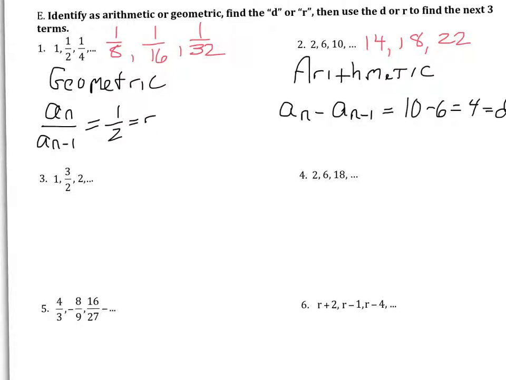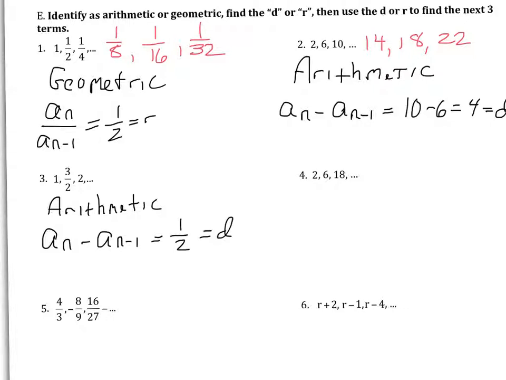Number 3, so going from 1 to 3/2 is going up a half. And going from 3/2 to 2 is also up a half. And if I was to divide them, you would not get the same thing both times. So this is going to be arithmetic. If I just take any a sub n and subtract the term before it, we are going to get 1/2, which is the common difference.